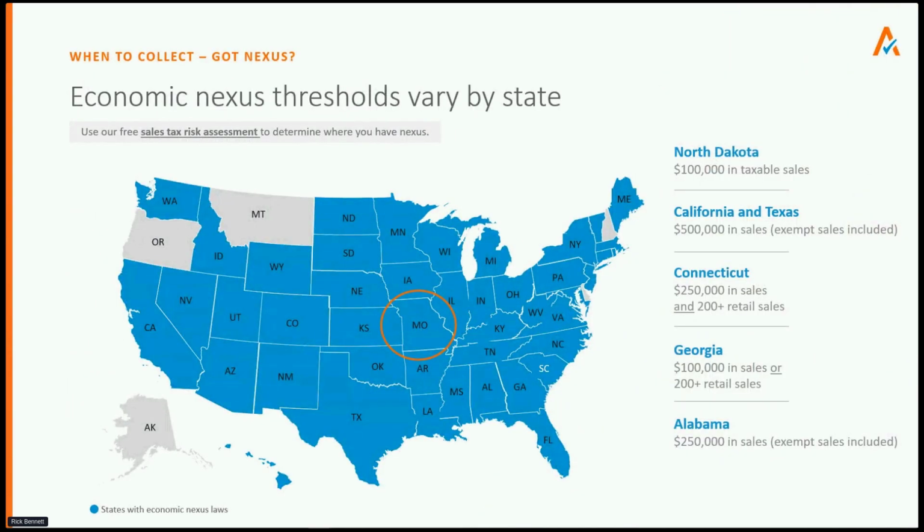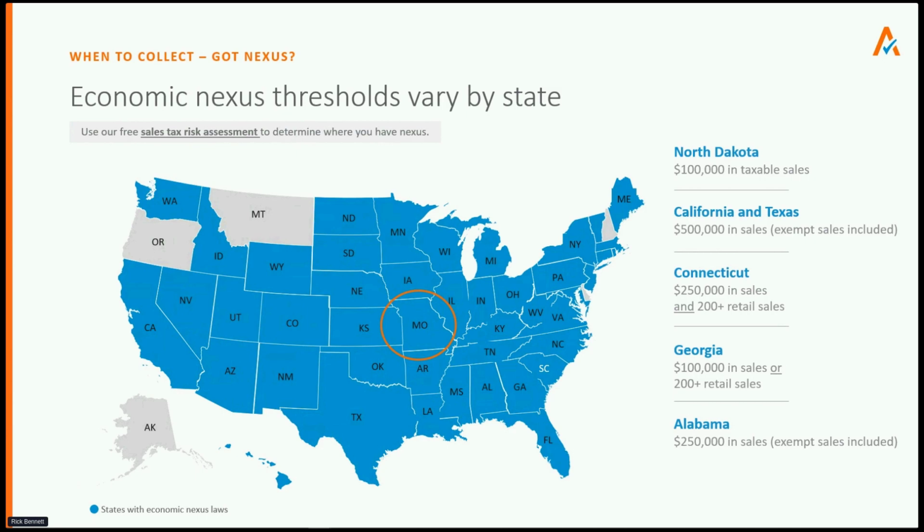Again, most of the thresholds in these states for economic nexus say if you do $100,000 in gross sales, taxable or non-taxable, or 200 transactions, a transaction being an invoice or an order into the state, then you've triggered economic nexus, and your obligation is to register and collect and remit the sales tax. Physical presence supersedes economic nexus.